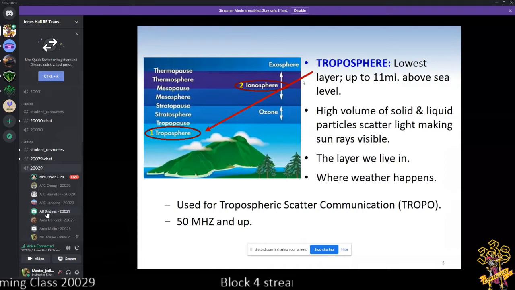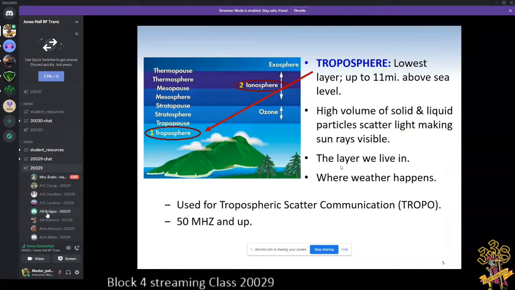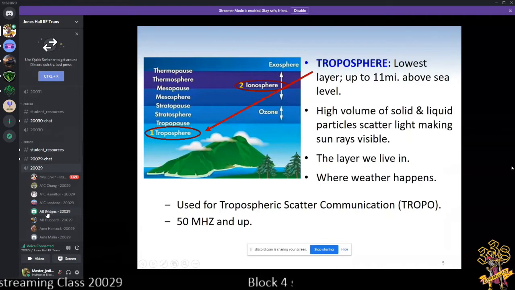It goes up to about 11 miles above sea level, and it's got a lot of solids and liquid particles, dust particles, pollution, and moisture particles. And that's what scatters light, making it able for you to see sun rays. That's the layer where we live, and that's the layer that we use for tropospheric scatter. The tropospheric scatter normally starts about 500 megahertz, but it can start as low as 50 megahertz.